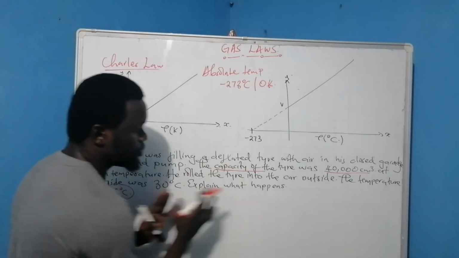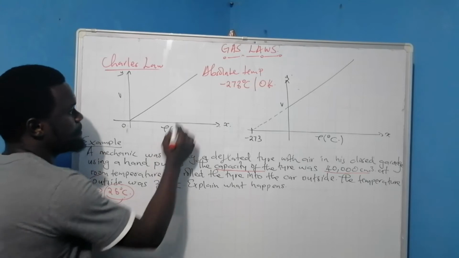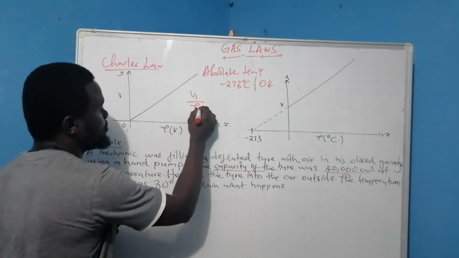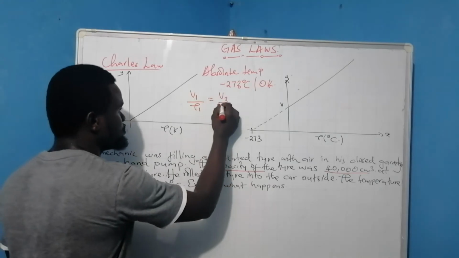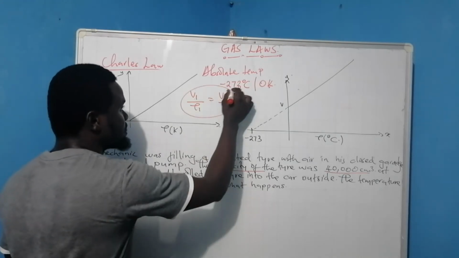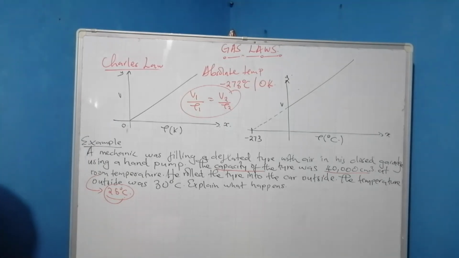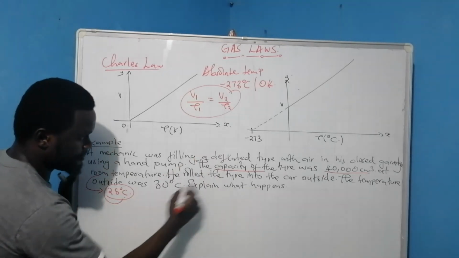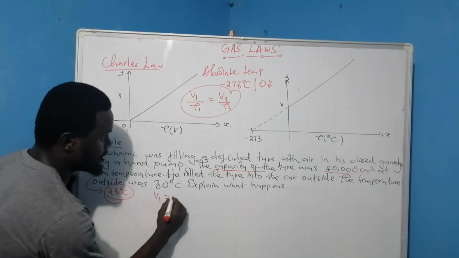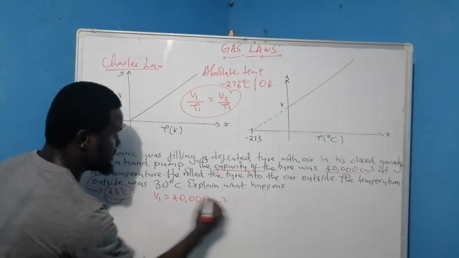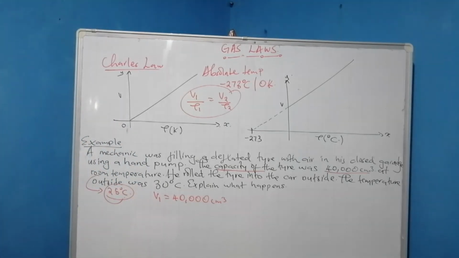As we have it in mind, in Charles' law, this is the expression: V1 all over T1 is equal to V2 all over T2. This is the same expression we are going to use in this question. So which variables am I given? I'm given the volume. So volume 1 is equal to 40,000 cubic centimeters at room temperature.